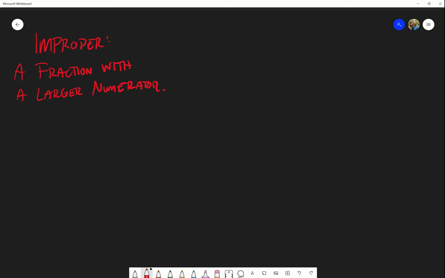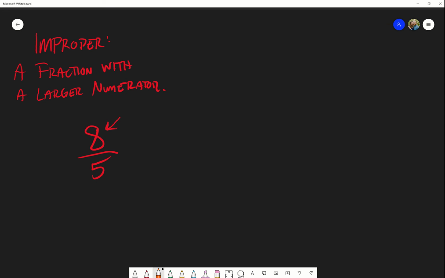So it's improper if the numerator is bigger, something like 8 over 5. That's an example of an improper fraction. We normally want our numerator to be the smaller number. It is improper if our numerator is larger.